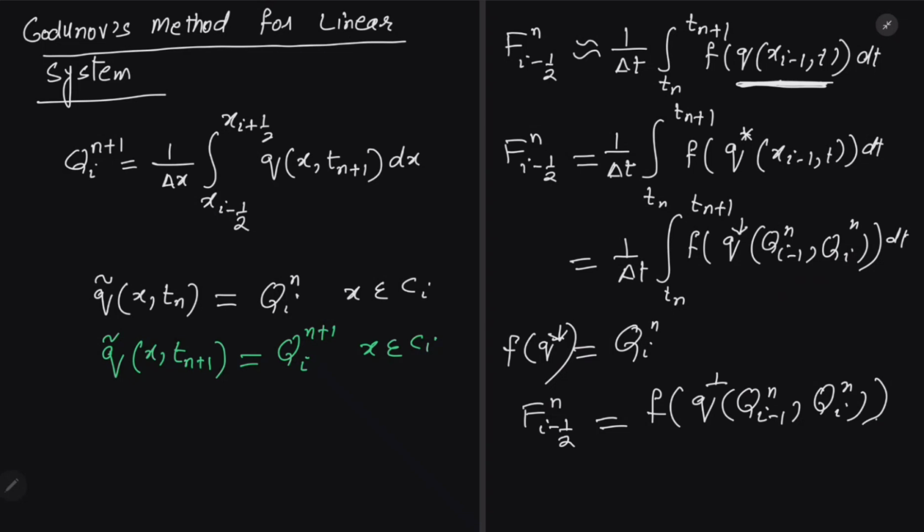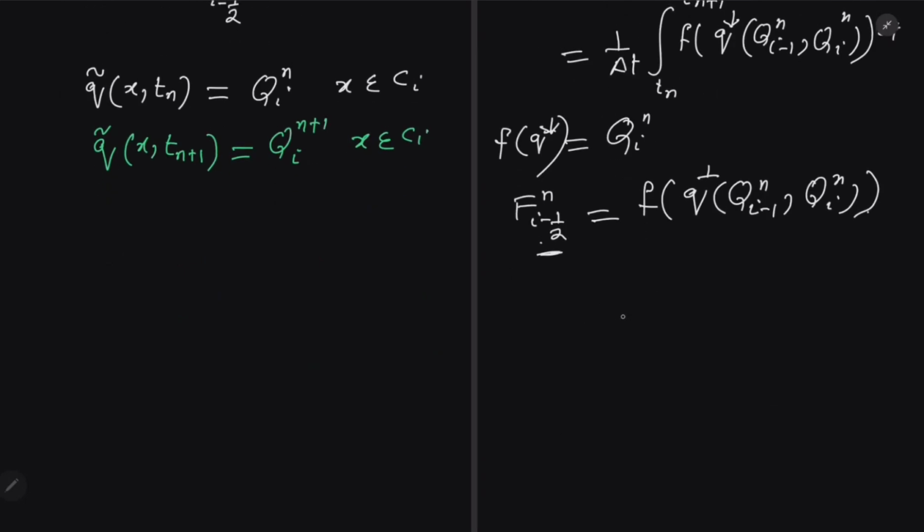It means that at x_{i-1/2} we solve the Riemann problem. We earlier know that we can use either the Q_{i-1}^n value or the Q_i^n value. So at i minus 1/2 we have a jump in the solution, so it is actually called a Riemann problem.